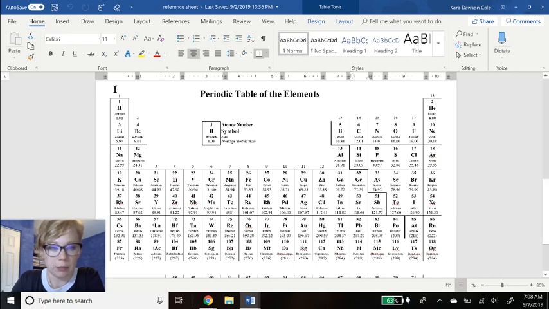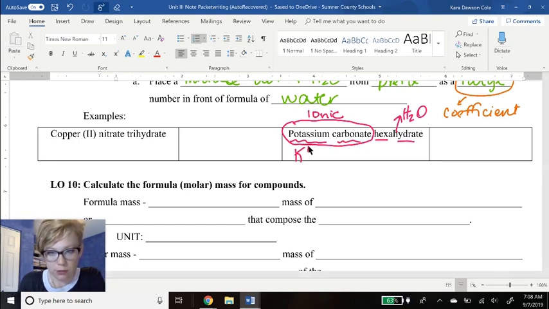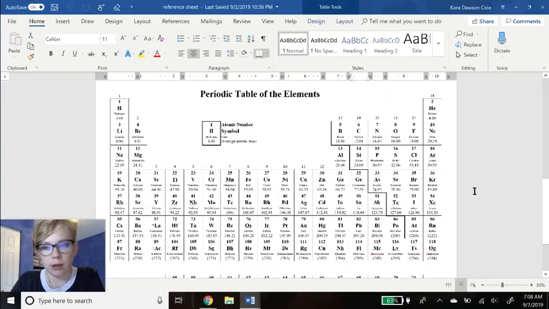And it has a +1 charge because it's in group 1. So group 1 always has a +1 charge. So I've got a 1 plus charge. Carbonate. I don't know what carbonate is.